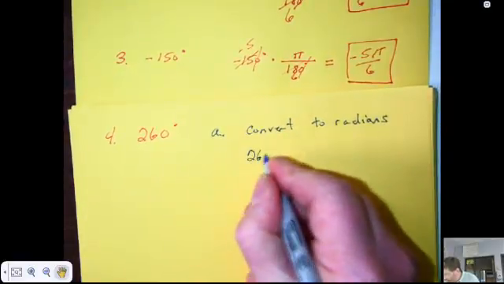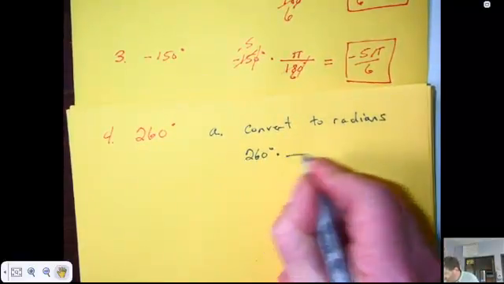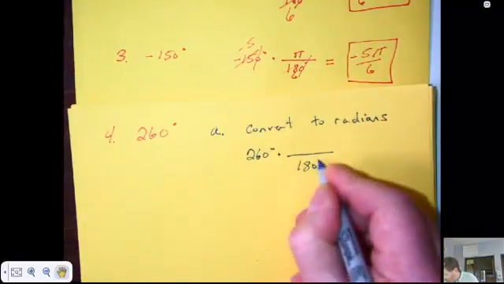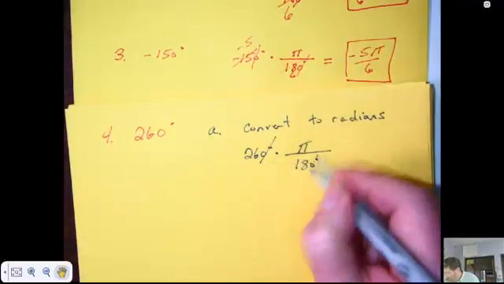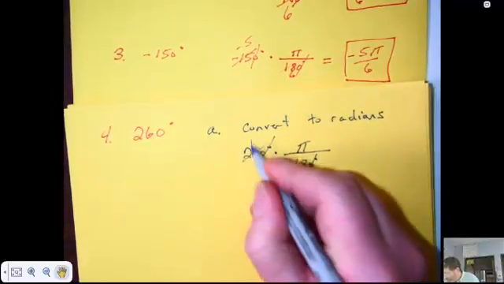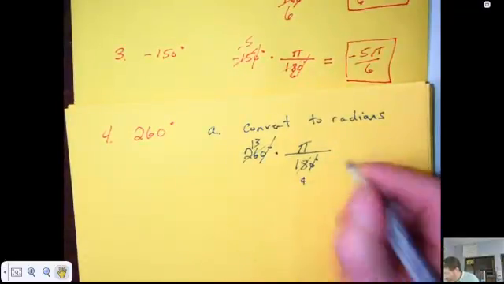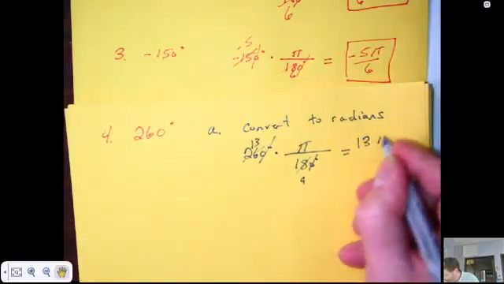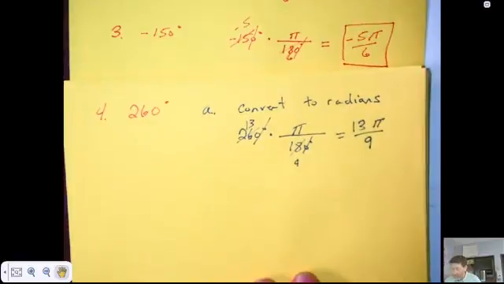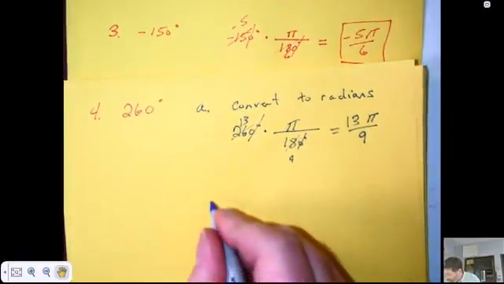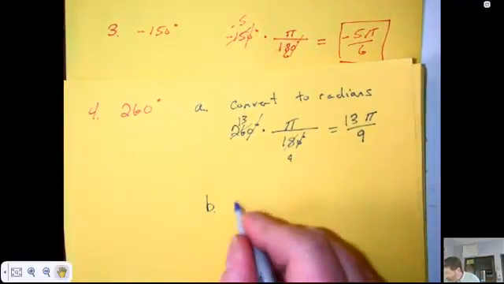So we're going to take 260 times, again, 180 on the bottom, so it cancels with degrees, pi on top. 13 times 9. And divide both by 2. Okay, that's easy. Again, try to get those simplified to the lowest terms.